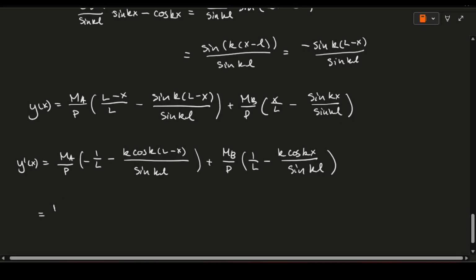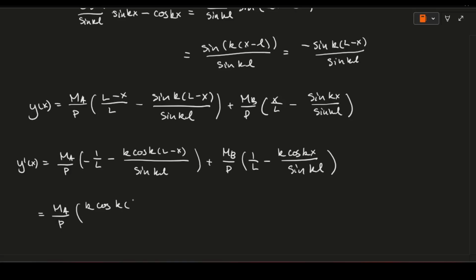This is equal to MA over P times K cosine K times L minus X over sine KL minus 1 over L, plus MB over P times 1 over L minus K cosine KX over sine KL.